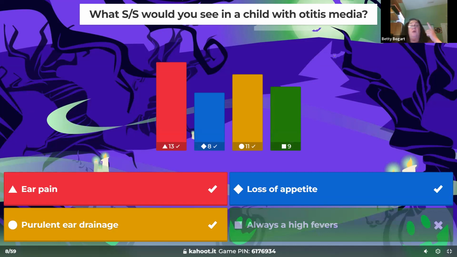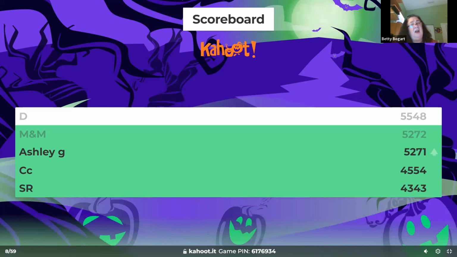In fact, that's your priority care, pain medicine when you see a kid like that. You can have purulent, like just all of this gooey, serosanguinous looking stuff, and it can smell coming out of the ear. Kid who has ear pain, they're not going to want to eat, and they don't always have a fever. Not all ear infections have fever, okay? So not always that.